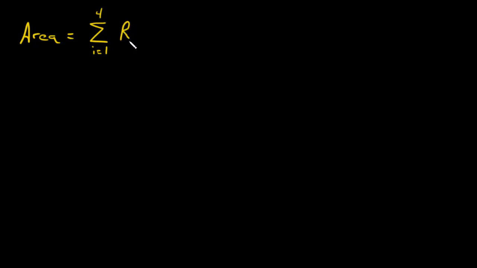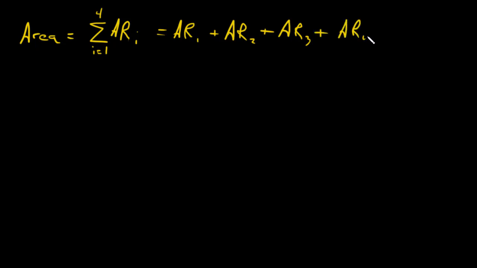And really it's R sub i, right? Because it's rectangle 1's area plus, oh, you know what, I should do AR1 there. AR1 plus AR2 plus AR3 plus AR4, right? The area of the rectangles.